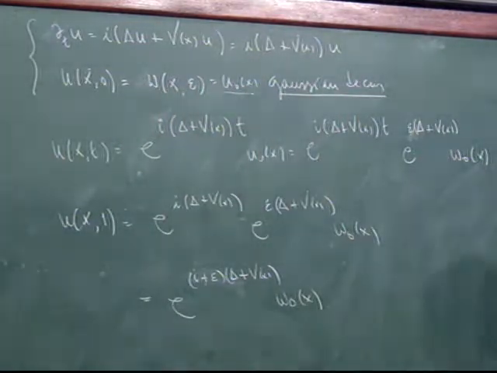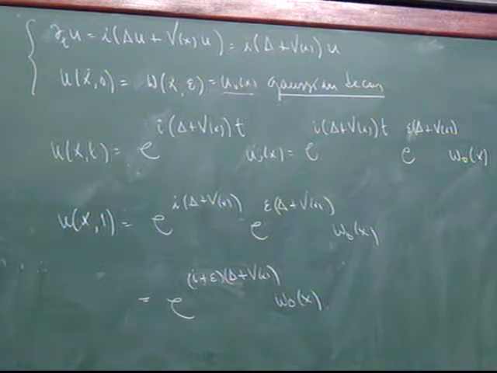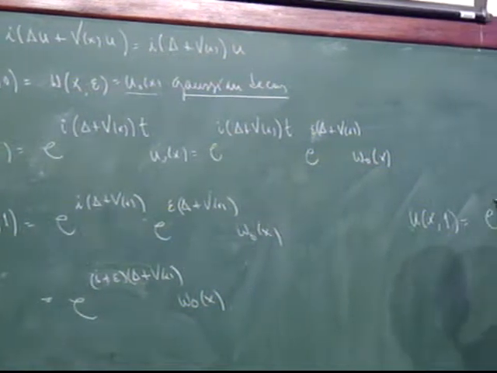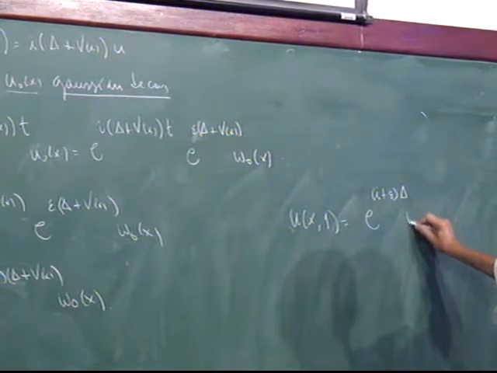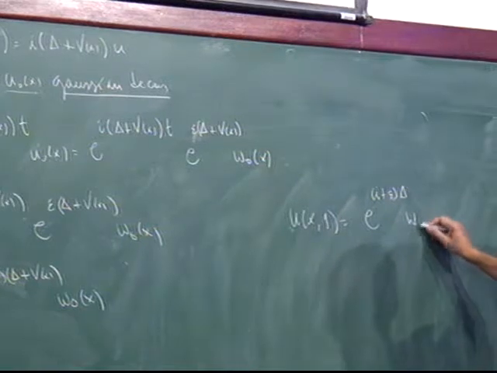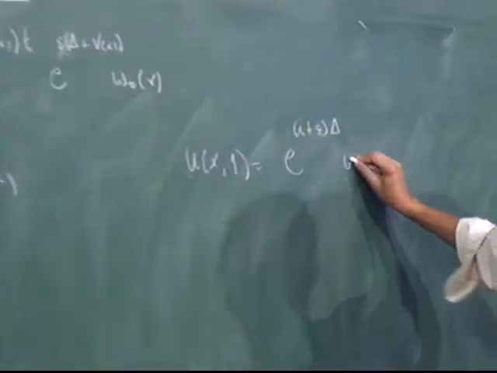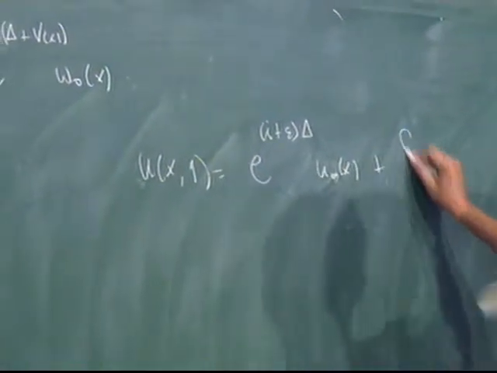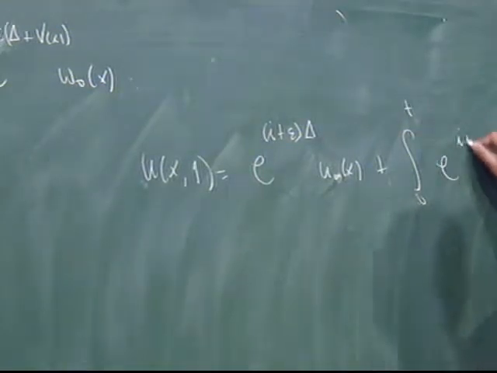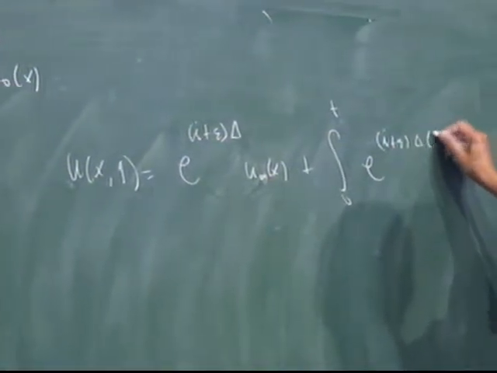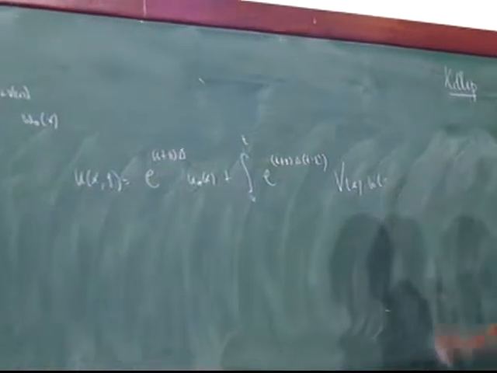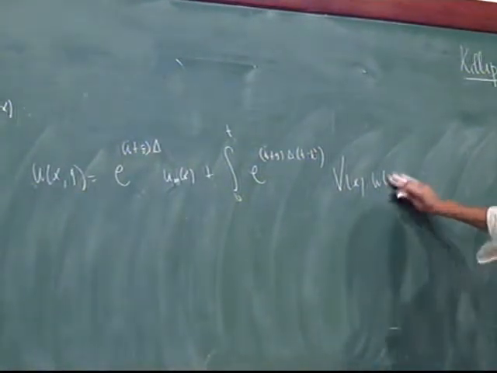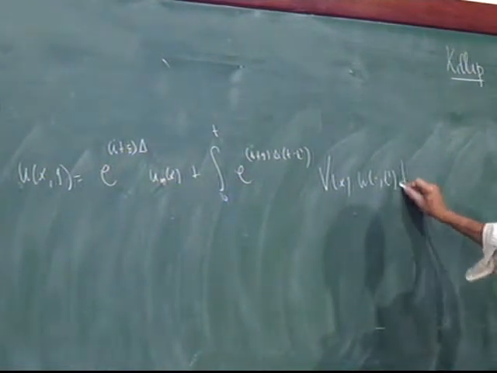Or if you wish, u at the point 1 is exactly i plus epsilon Laplacian of W0, that is the u sub 0 of x plus the integral from 0 to t of the i plus epsilon Laplacian, t minus t prime, b of x, u of t prime, dt prime, right?